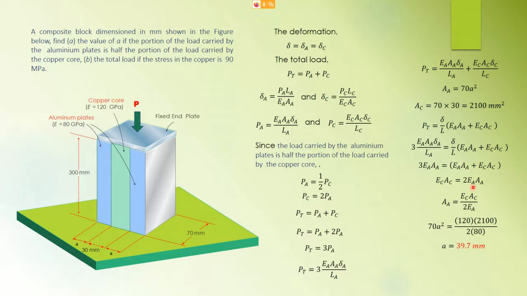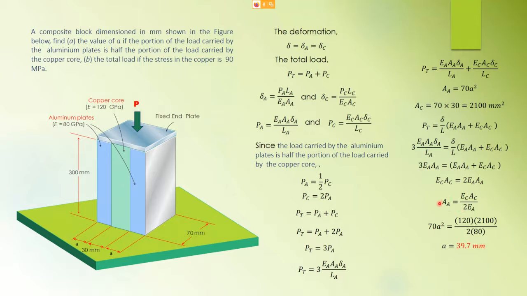Okay, so from here, bring this equation over, 3EAAA, bring this over, so you have 3 minus this, so you have 2, equal to this one, bring it over, 3 minus 1, so you have 2, so you have ECAC. So from this equation you have AA, which is equal to this.